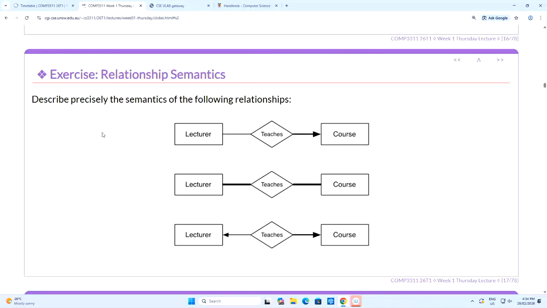Exactly. In many to one, because on that side there is an arrow. So it means that a lecturer can teach 0 or more courses, whereas a course needs to be taught by at least 1 lecturer. But it could be 2 lecturers, 3, 4, 5 lecturers.